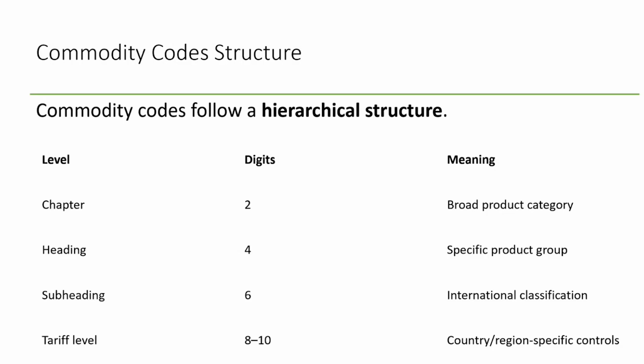The heading is more specific to the product group. The subheading is the international classification. And then the tariff level is country or region specific. So as you go through and more digits are added, you're becoming more and more specific as to what the product is, and the description of the product becomes more complete.